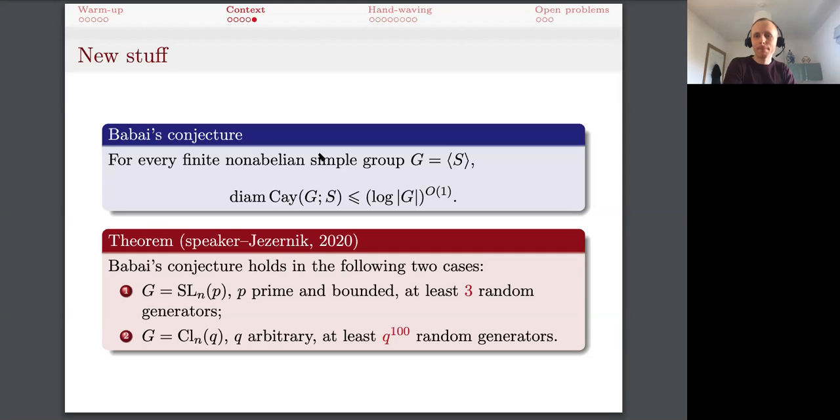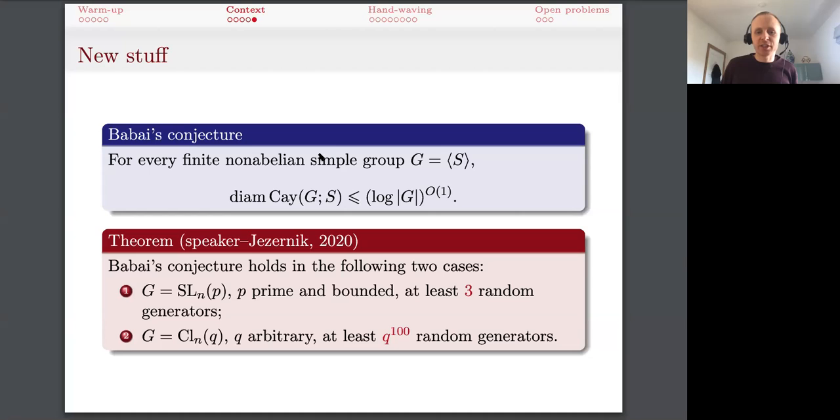So this is also why you say that in the second theorem, you're not in the right upper corner of the diagram. In the second part, I'm not making a specific hypothesis that q should be bounded, but it's only interesting if q is bounded, because Babai's conjecture is really interesting if you have a bounded number of generators. Once the number of generators becomes very large, things become a bit more trivial.